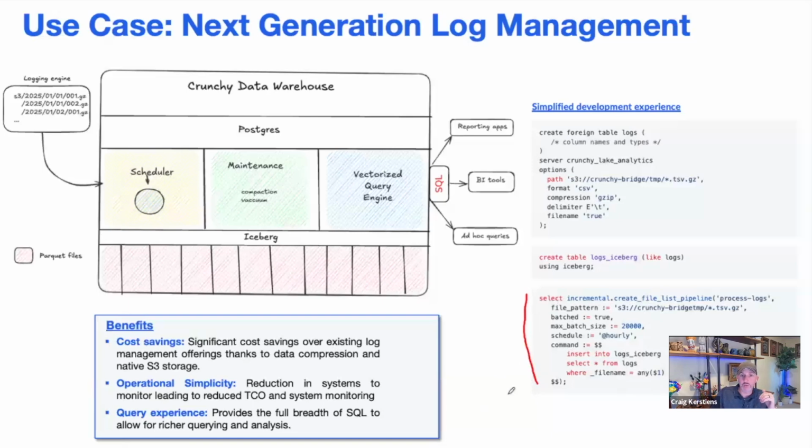So we've got a foreign table that has our logs, that we then move into Iceberg, with incremental processing happening every hour. And then the engineer essentially was like, finally, I can just query all my logs with SQL, which is what we actually wanted all along.